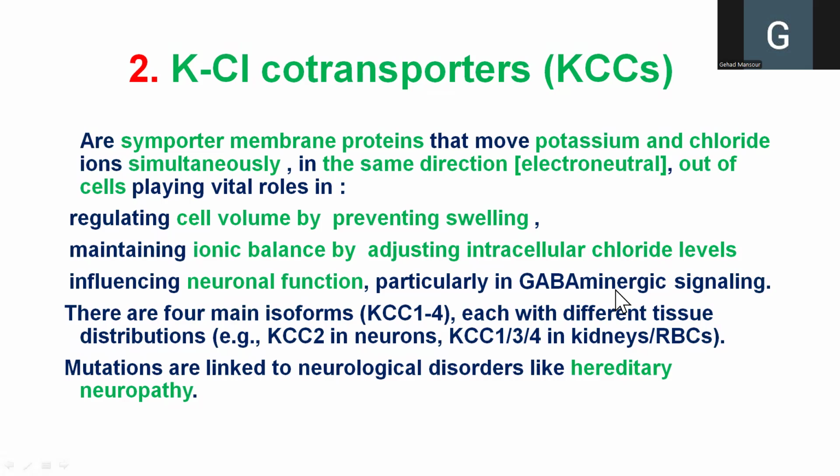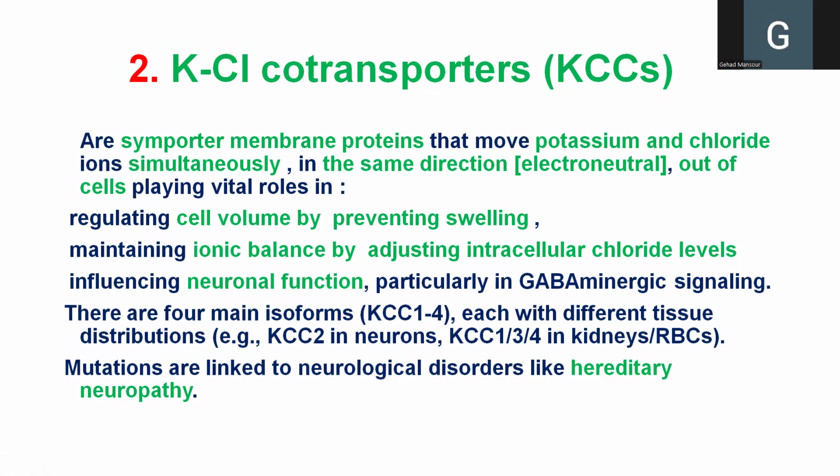There are receptors in the neurons that are called GABAergic receptors, and there are GABAergic neurons that release this substance, GABA, and we will discuss this in the nervous system, as I said. But in general, the potassium chloride co-transporter is important for all the cells to prevent swelling inside the cell, but in particular, this is very important for the neurons and the nerve cells.